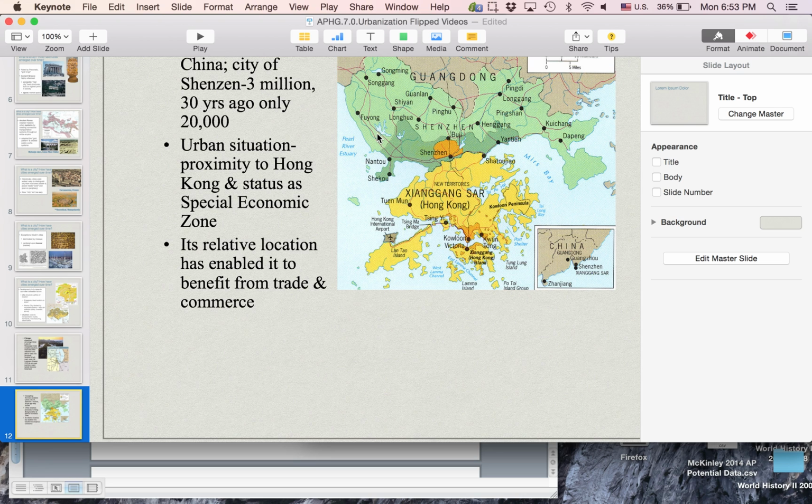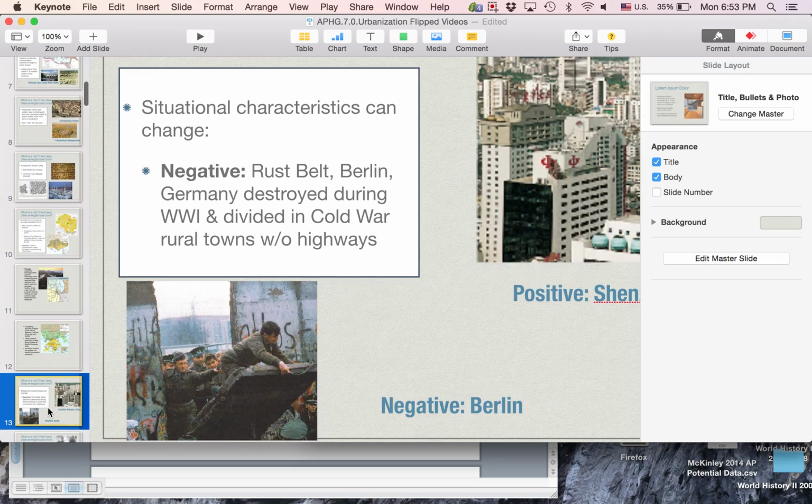This region is going to develop as a result of its prime access to Hong Kong. Hong Kong was once a British colony and had tremendous economic strength, and it's a stronghold in China even to this day. The surrounding hinterland benefits from the commerce and trade coming into Hong Kong.